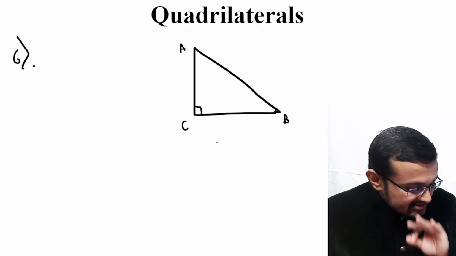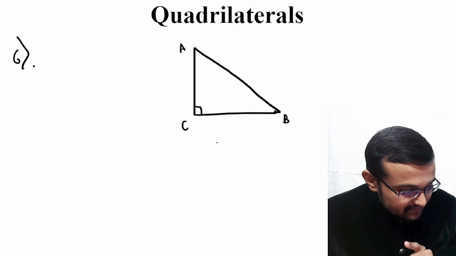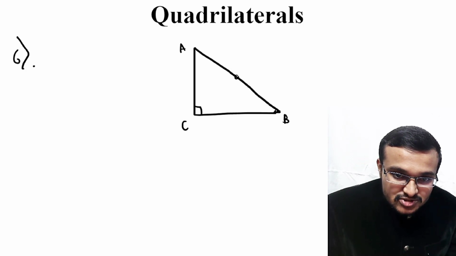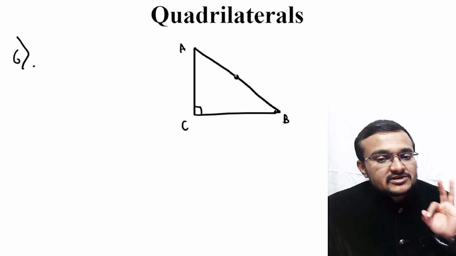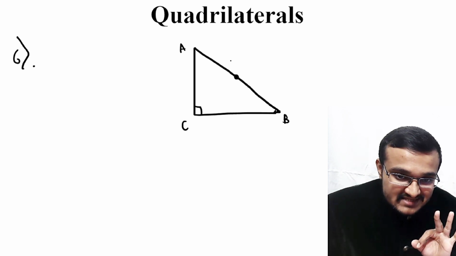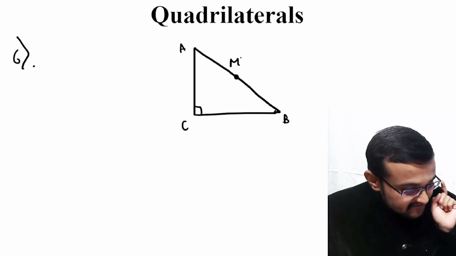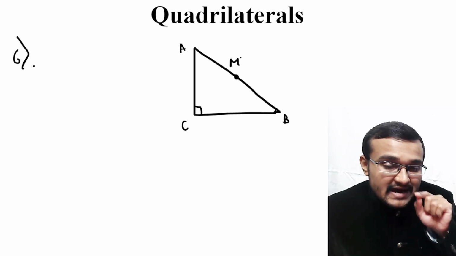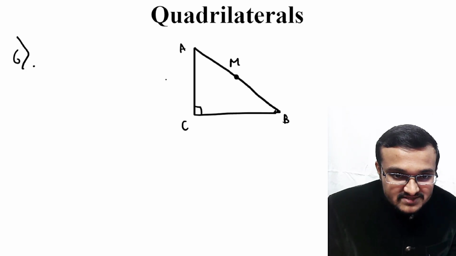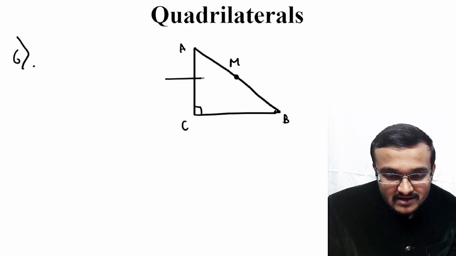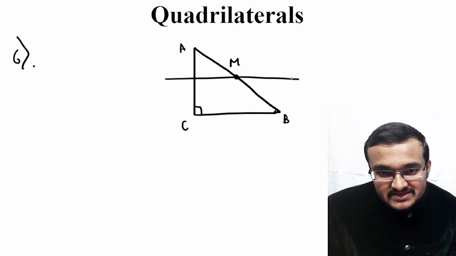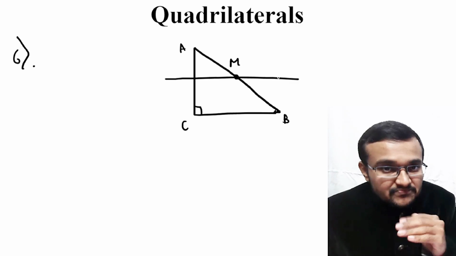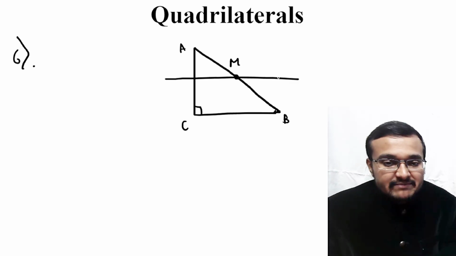Here, a line through the midpoint M of hypotenuse AB. Now AB is the hypotenuse, so this is the midpoint of AB, named M, and from that M a line is drawn parallel to BC. That is, they have drawn a line parallel to BC which passes through this particular point M, the midpoint of AB.